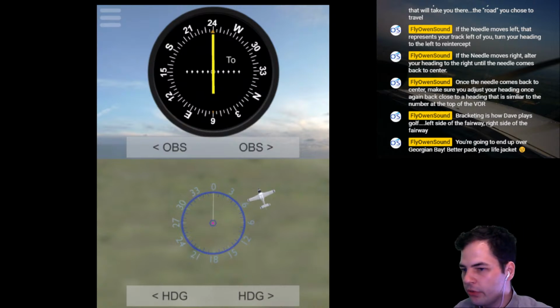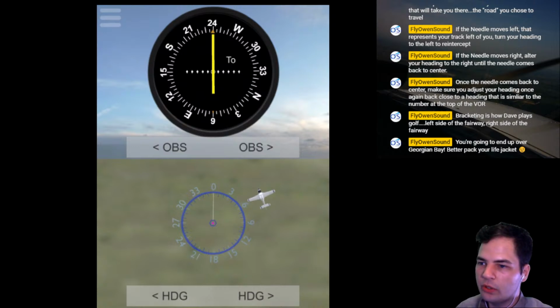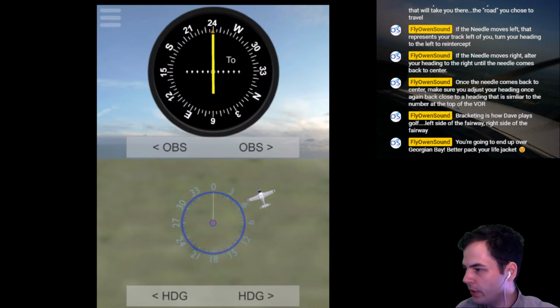So next I want to get into the more tricky ones, which is mostly based on that map: with some obscure indication that doesn't have the needle centered, how do I figure out where the airplane is? There are two different parts to that, and we already learned one of those parts, which is the TO/FROM indication, but you might not realize you've learned it.